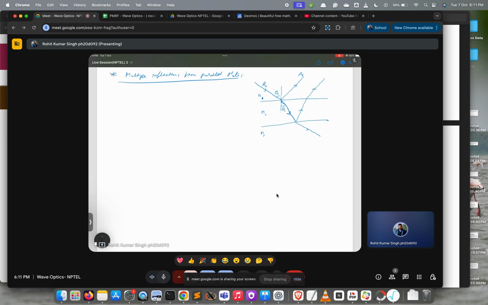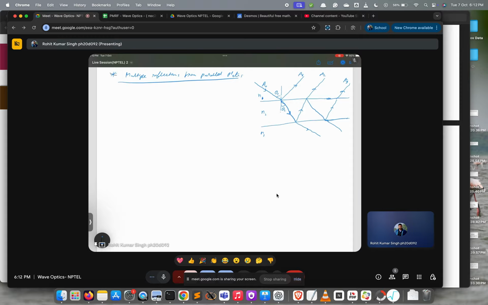Again there will be transmitted light here, reflected light here, and this process goes on. This is A2, A3. So one incident light with A naught on these parallel plates gives us many reflected lights, and this is a case of multiple reflections.